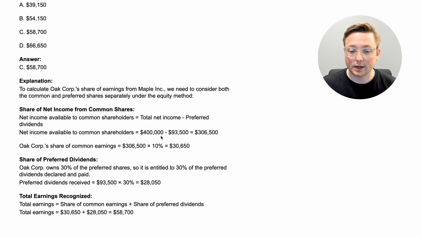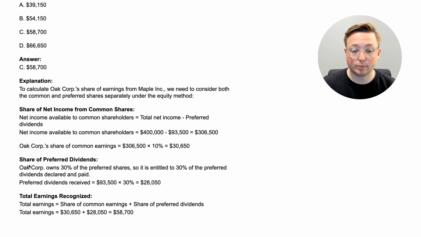So that's $400,000 less $93,500. That's $306,500 of net income that is available to common shareholders. And then we can multiply that by Oak Corp's share of the common earnings, which was given to us as 10%. So 10% of $306,500 is $30,650. So that's part of their income, their revenue that they get from having this investment.